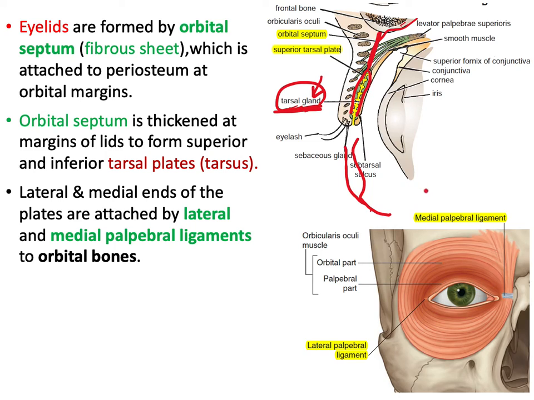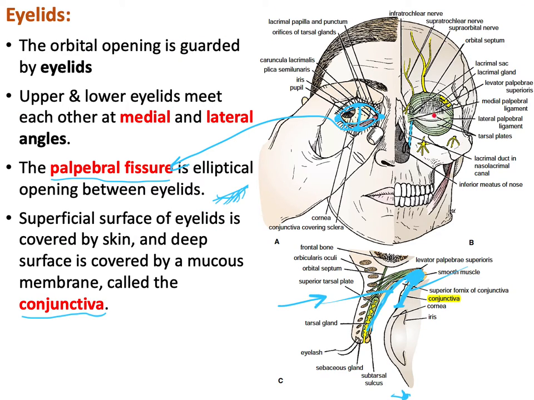Now, this tarsal plate, let me show you here. Here is the orbital septum, because you see in the picture it's like that, but that was a cross section. If you take the whole eye, it's like this, superiorly and inferiorly. So this is the orbital septum, thickened to form tarsal plates, up superiorly and inferiorly.